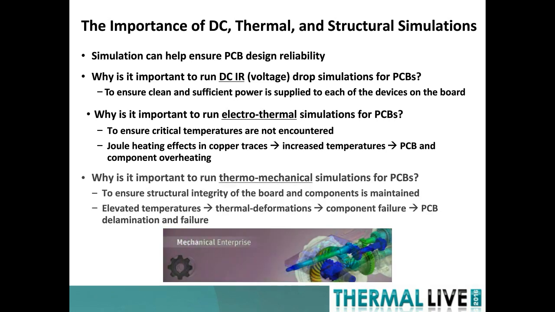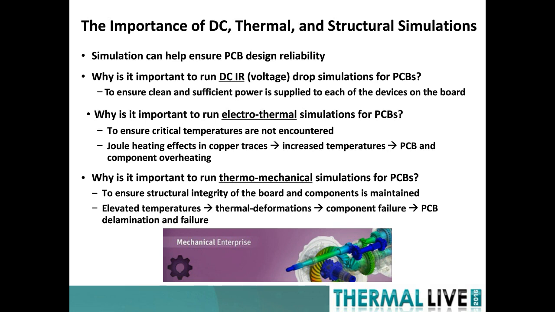And finally, it is important to run thermomechanical simulations for printed circuit boards to ensure structural integrity of the board and components is maintained. Here, elevated temperatures can lead to thermal deformations, and this can cause component failure and/or PCB delamination and failure.